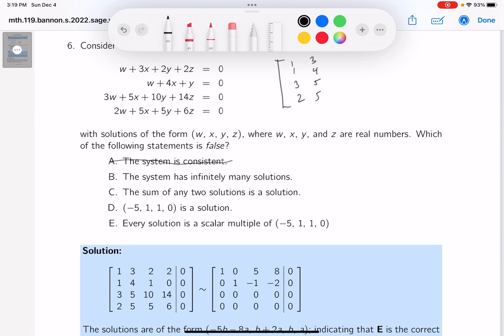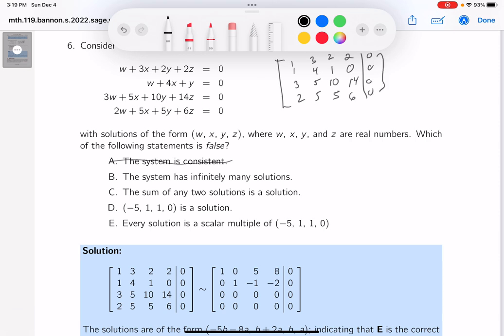And let's do the Y's: 2, 1, 10 and 5. And then the Z's, there's going to be 2. The second equation has no Z's. And then 14, and then 6, and the constants are all 0.